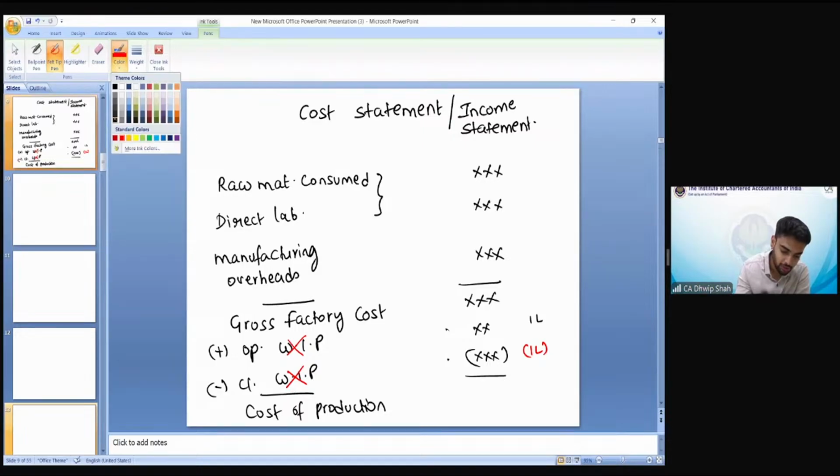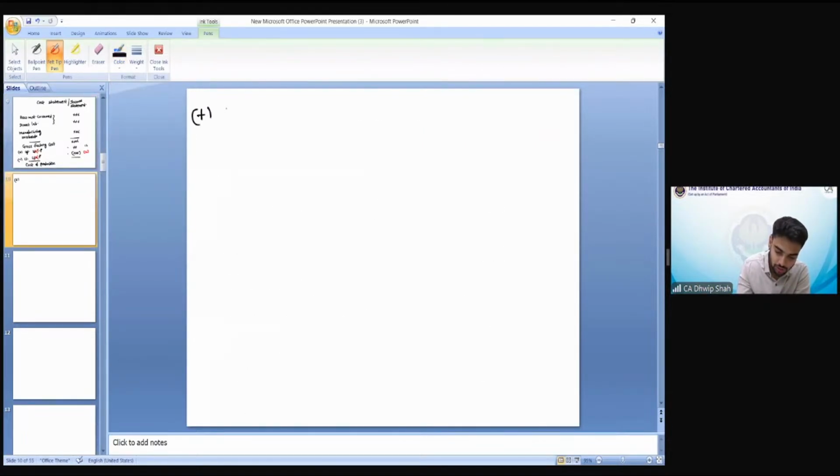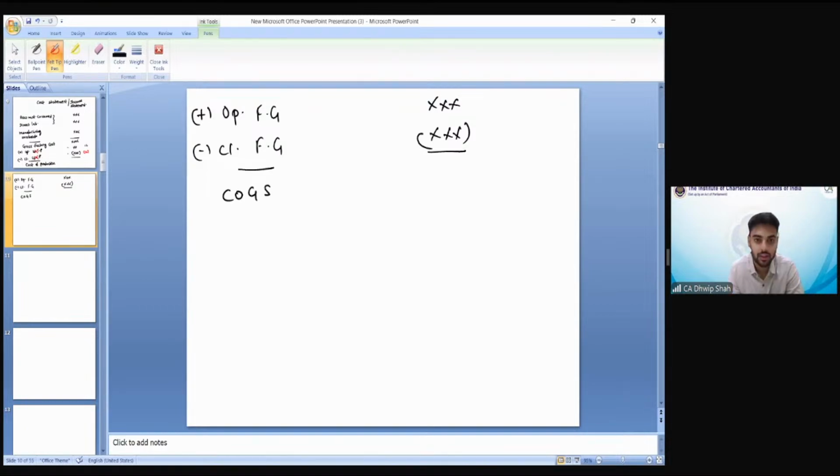Next, let's move forward. To cost of production, you used to add opening stock of finished goods, opening FG, and subtract closing FG. The resultant figure was called COGS, cost of goods sold. Correct?